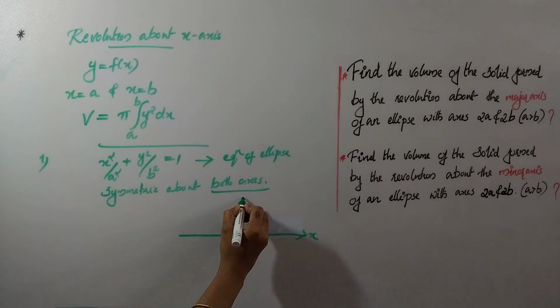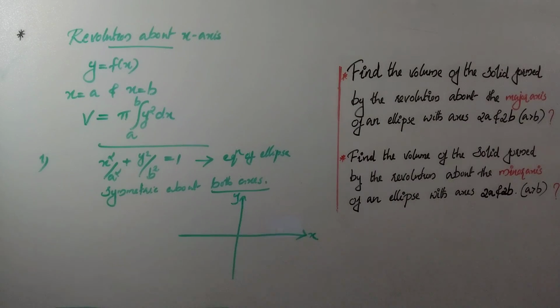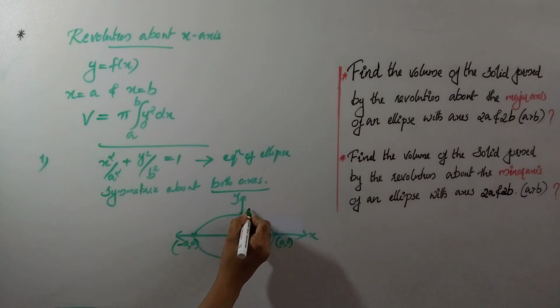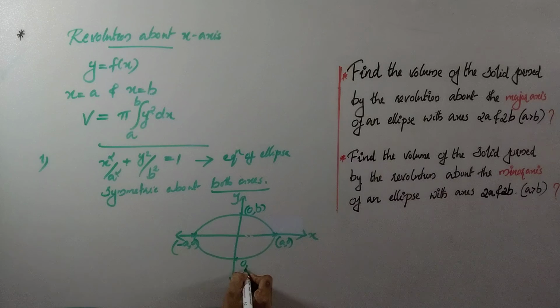This is x-axis and this is y-axis. Here minus a, 0, here plus a, 0, here 0, plus b, and here 0, minus b.